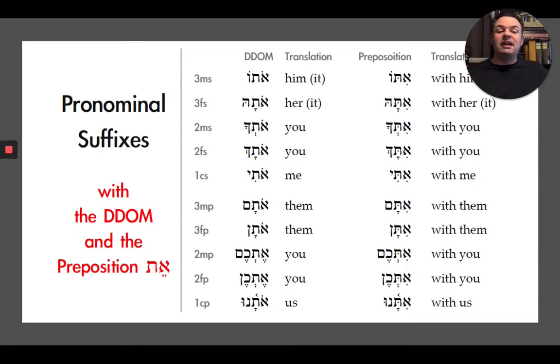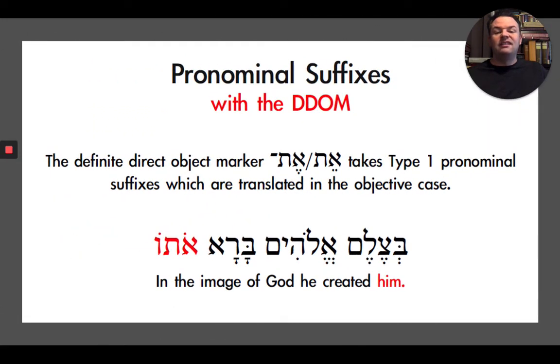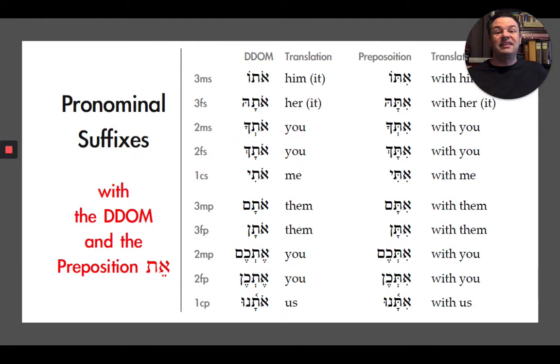So it's just that ending that we've seen that's common between all of these, and it just means him or her. So just think of this as a pronominal suffix, but here you're just going to get a pronoun, right? And you're going to get a pronoun that is in the objective case. Him, her. It's not going to be possessive like his or hers, right?